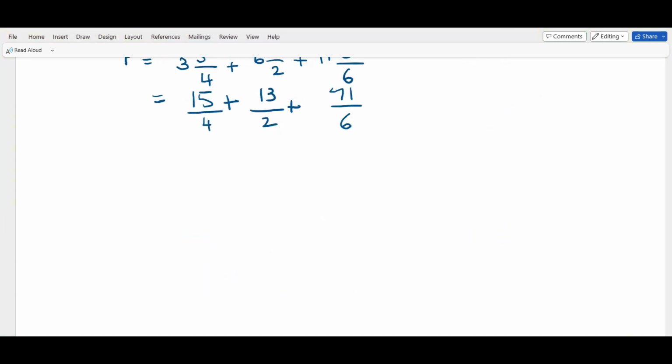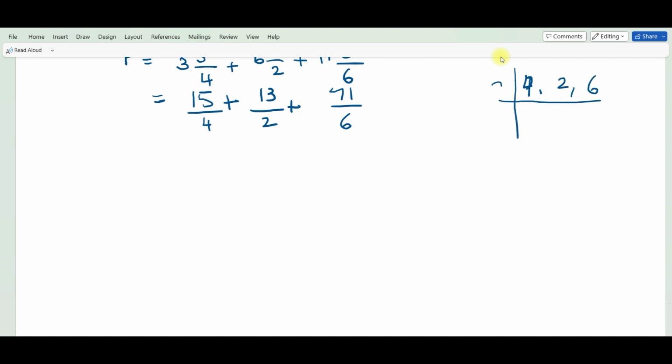Now these are unlike fractions because the denominators are different, that is 4, 2 and 6. Now I need to find the LCM to make them like fractions. Only then can we solve the fractions. So I follow the LCM method. I take 4, 2 and 6.